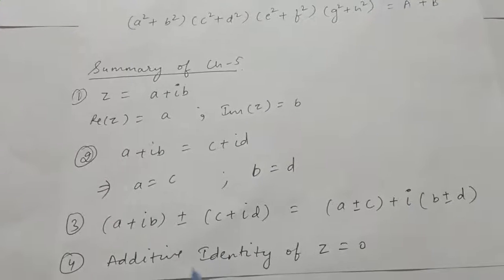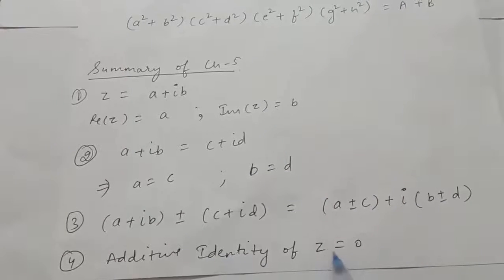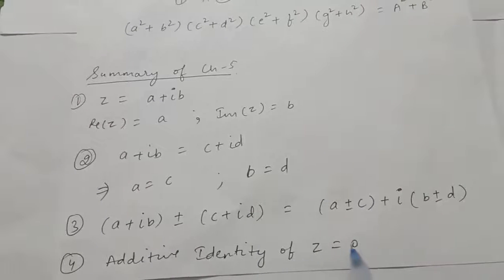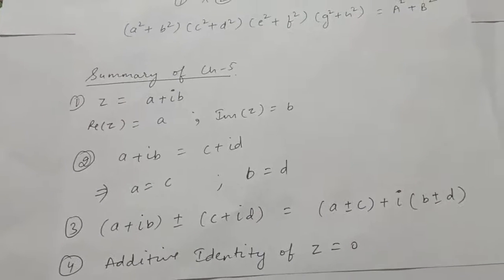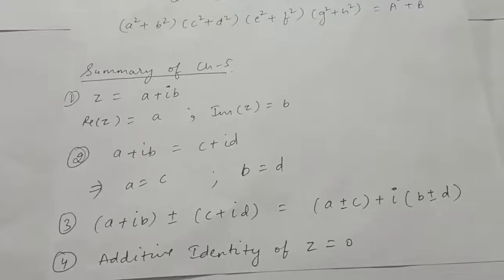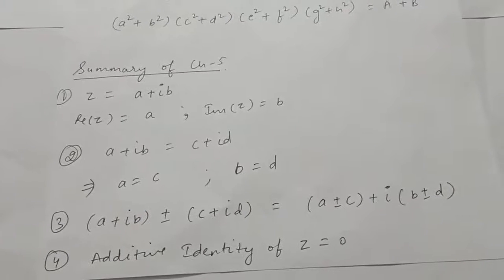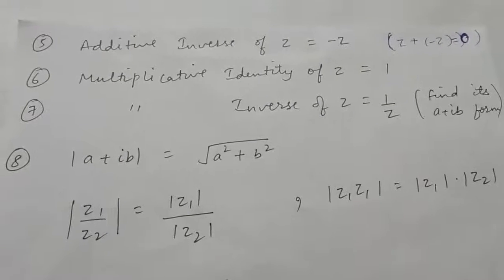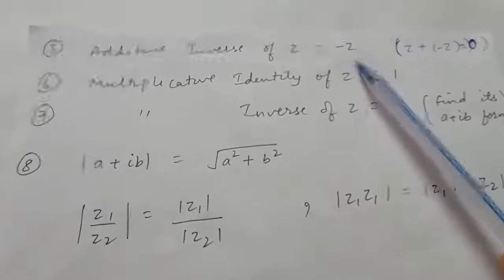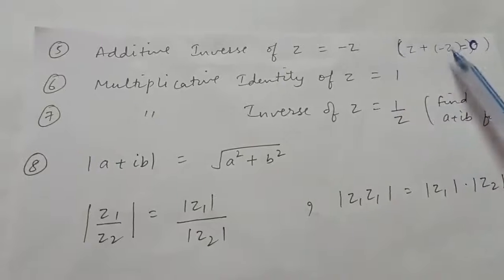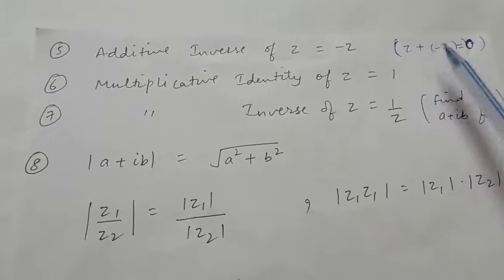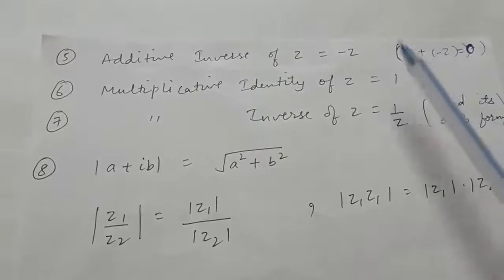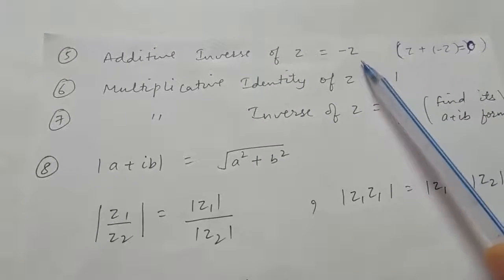Also, you know, the additive identity of z, where z is the complex number, is 0, because if you add 0 to any complex number, it will give z only. Now the additive inverse of z is equal to minus z, because if you add minus z to z, you will get 0, which is the additive identity, right? So the additive inverse of z is minus z.